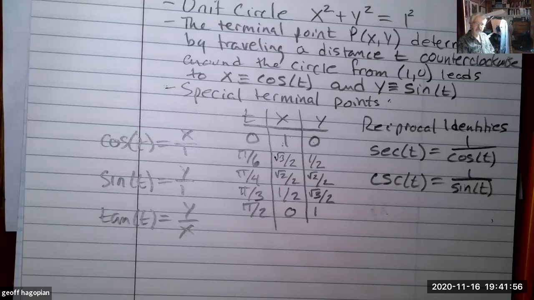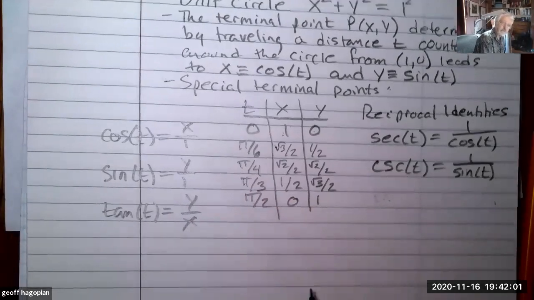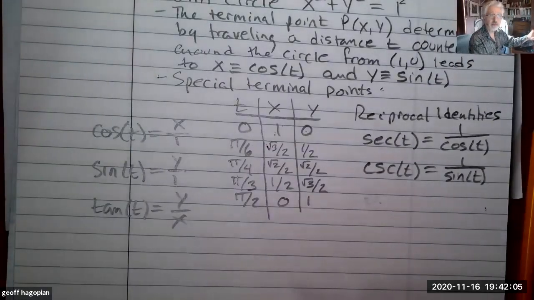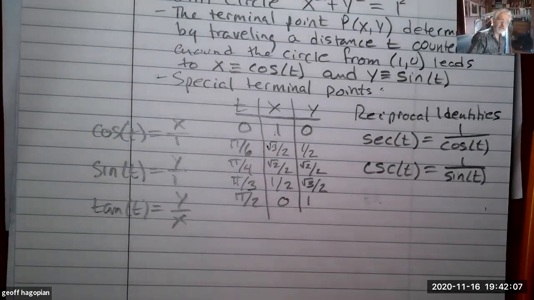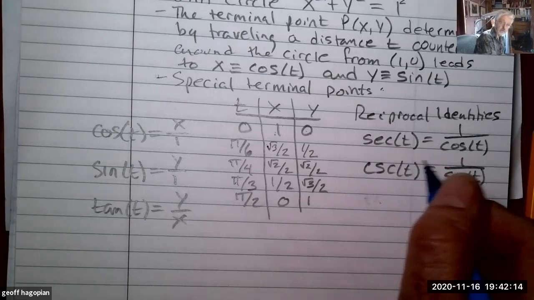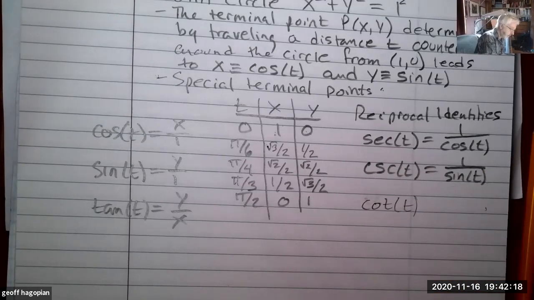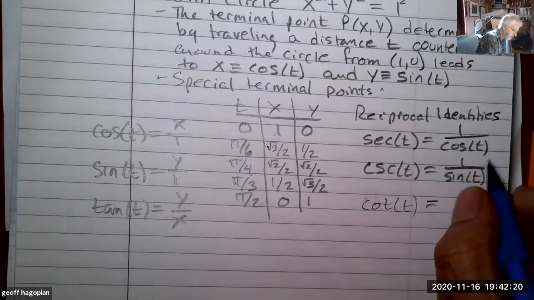Well, it's to be consistent. All of these can be thought of as ratios. Not sure why the lighting is a little funky, huh? Okay. So then the reciprocal functions over here, secant, cosecant, and cotangent give you the 6 trig functions, right?